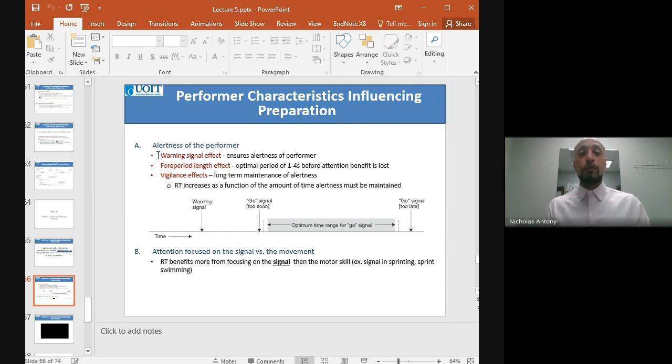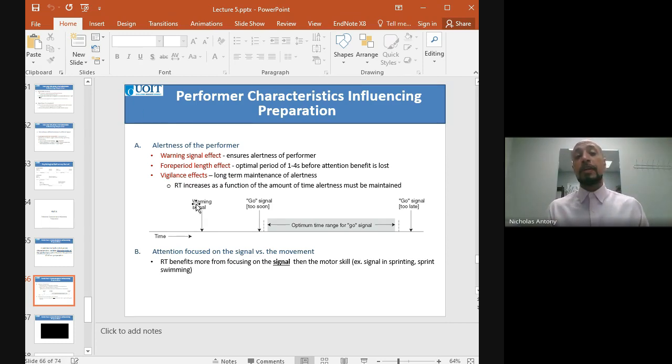What they found was that the alertness of the performer, how alert they are, will affect reaction time. We all know, like air traffic controllers and truck drivers, there's a certain amount of time that they're allowed to work before they need to take a break, because they have to maintain their alertness to be able to react to things on the road or in the airport.